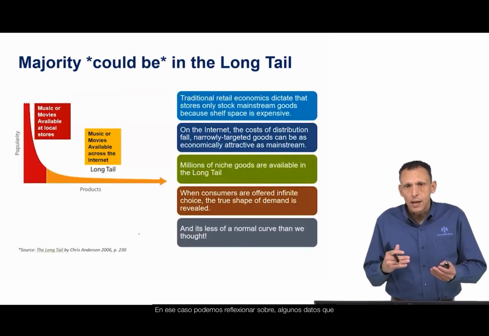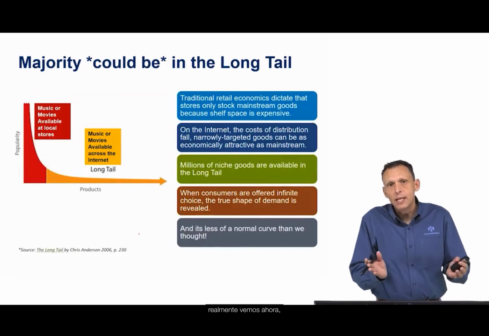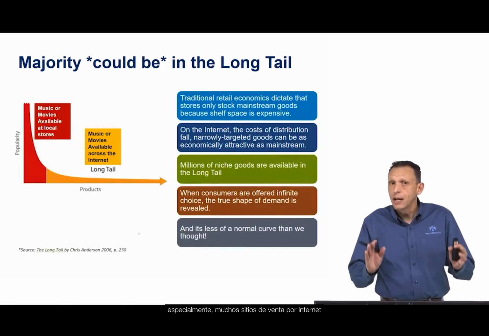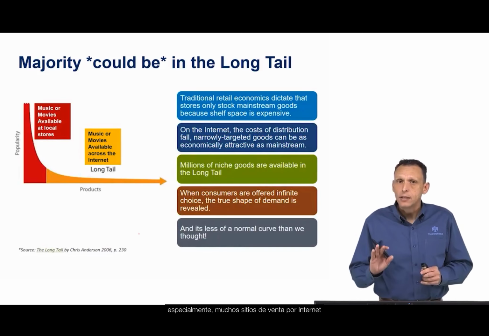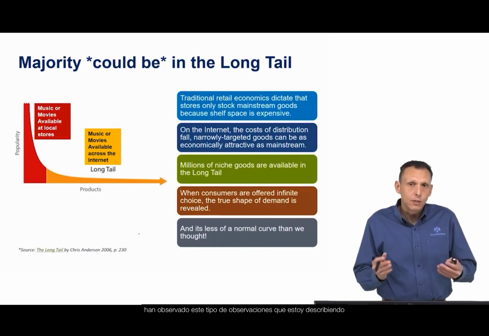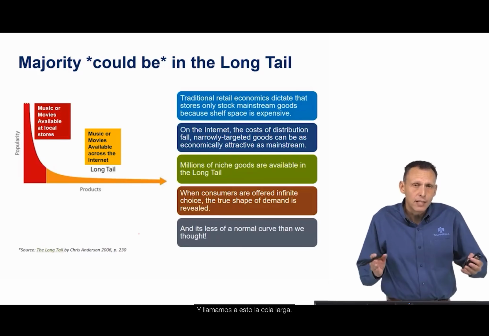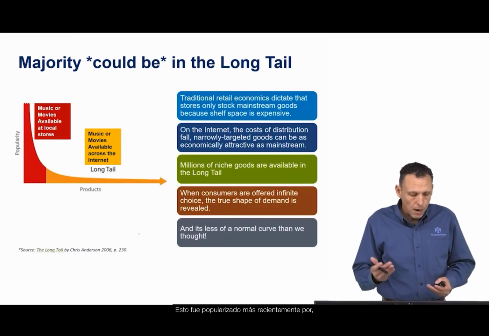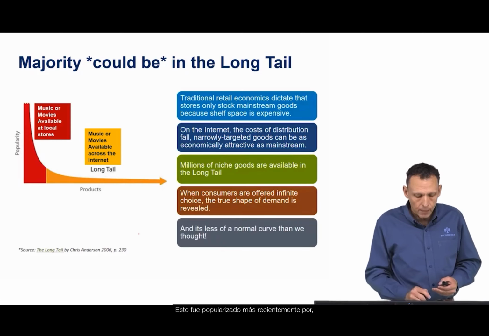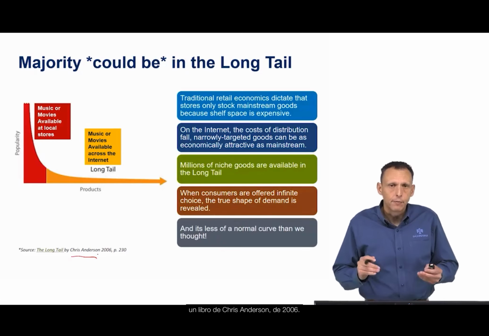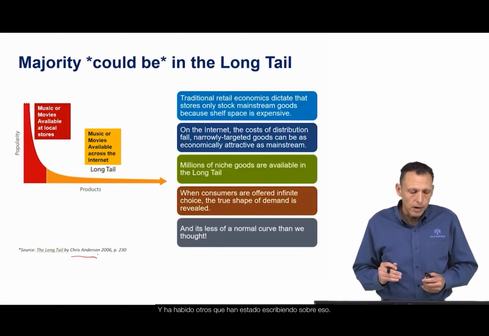In that case, we can reflect on some data that we actually do see now. Especially a lot of internet selling sites have observed these kinds of observations that I'm describing around data scientists, and we call this the long tail. This was popularized most recently in a book by Chris Anderson from 2006, and there have been others writing about it.